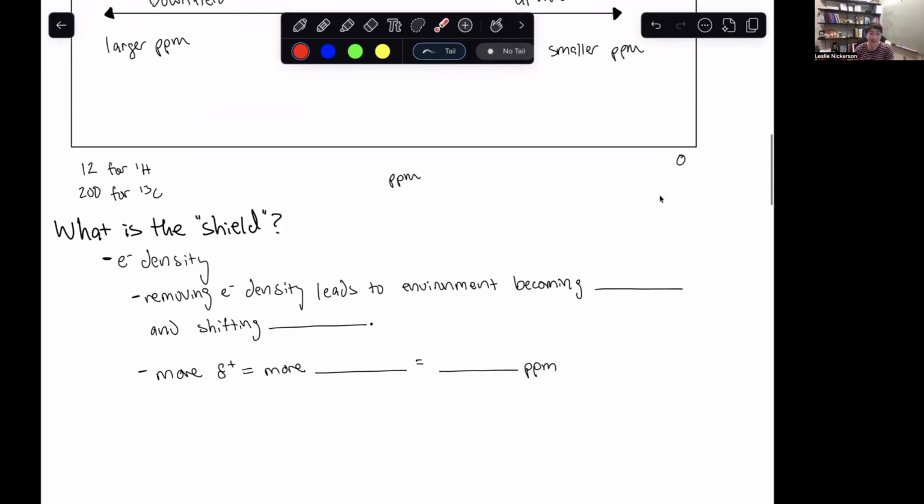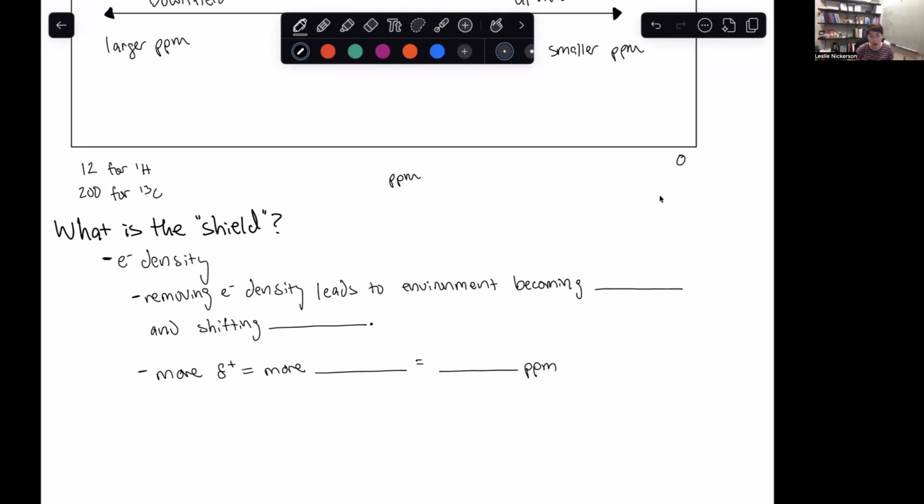So what is the shield? That's kind of the question here, and I think that's what causes a lot of people confusion. But if you have a bit of an understanding there, it does make things a lot easier. So the shield is electron density, okay? So anything that removes electron density from either a carbon or a proton environment is going to be removing that shield, okay?